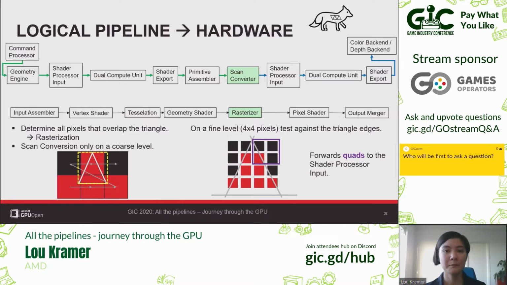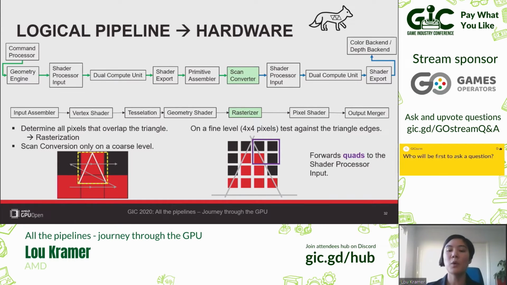Why the whole quad? First of all, it's also kind of an optimization because since it's parallel hardware, we try to avoid working on single work items. And then also pixel shaders, due to how they work, need the derivatives. And these are usually computed within quads.